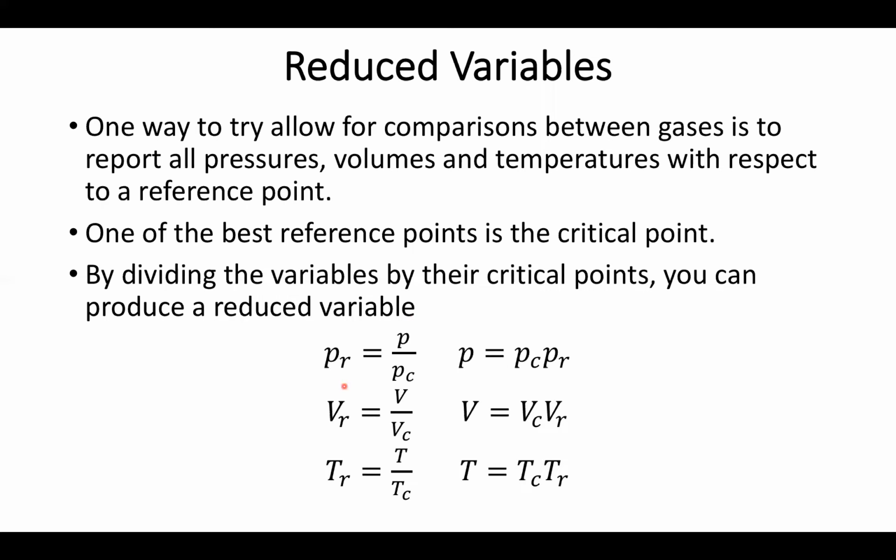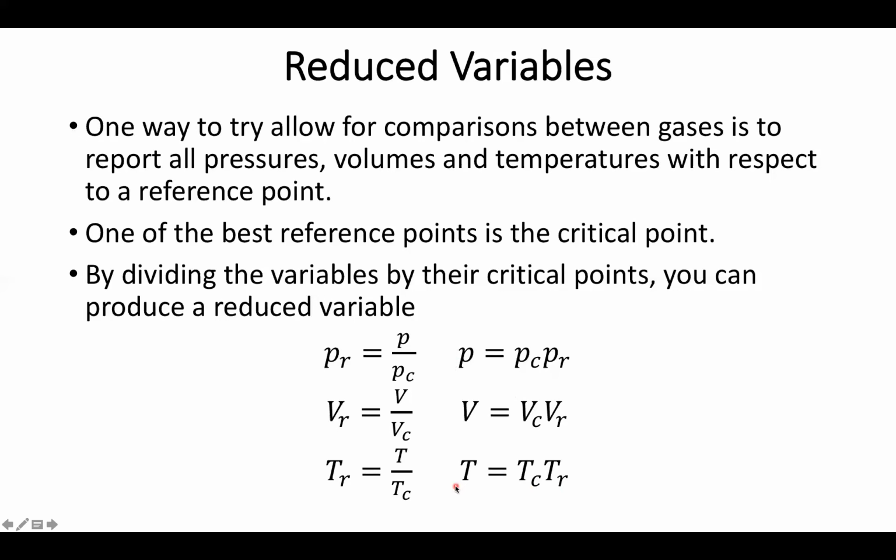So for example, our reduced pressure can be given as the pressure of the system, so the pressure that we measure, divided by the critical pressure. And the same thing for volume and temperature. And it turns out that if something is reported in the reduced form, simply by looking up the critical points, you can get your system back in terms of pressure, volume, and temperature.